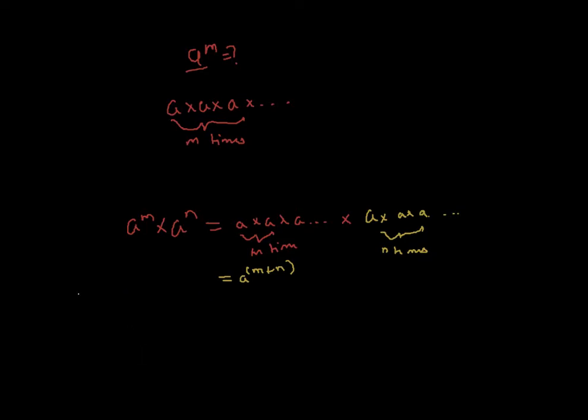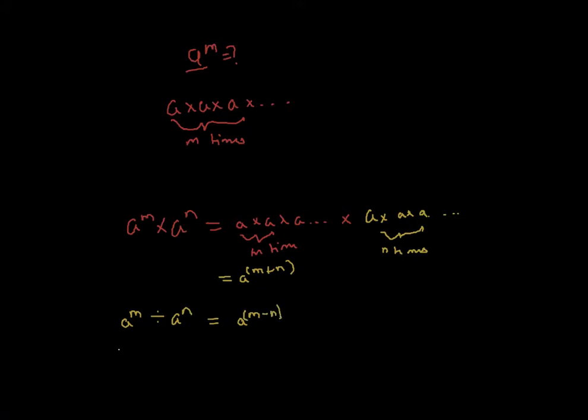And similarly, if we have the division symbol in between instead of multiplication, so a raised to m divided by a raised to n, that will be a negative sign. So that will be just the base and the indices subtracted.